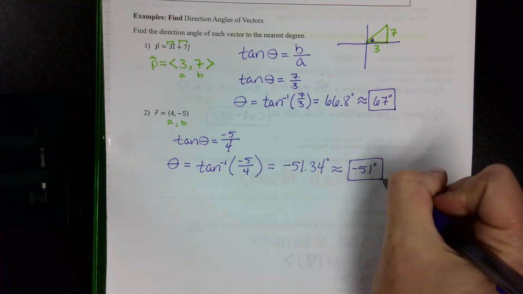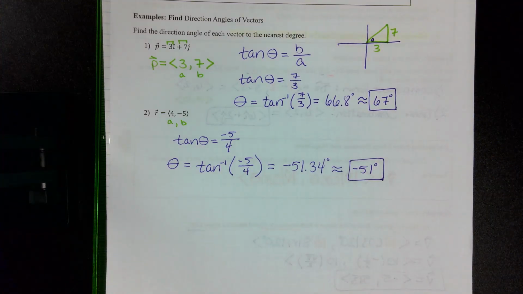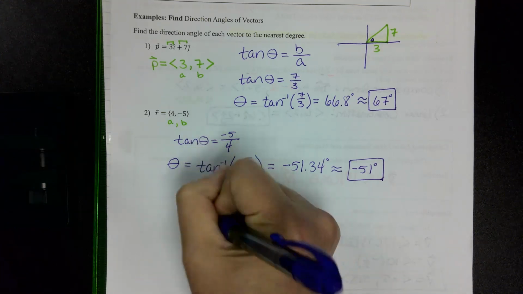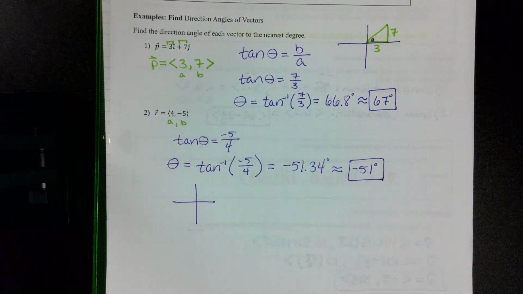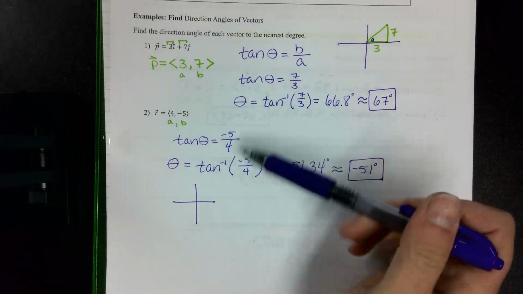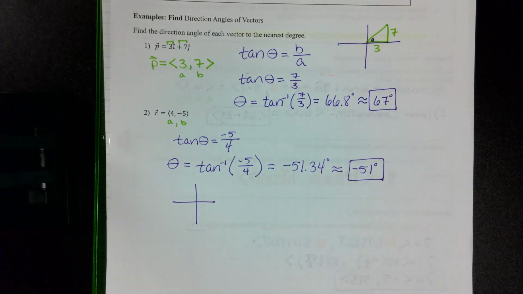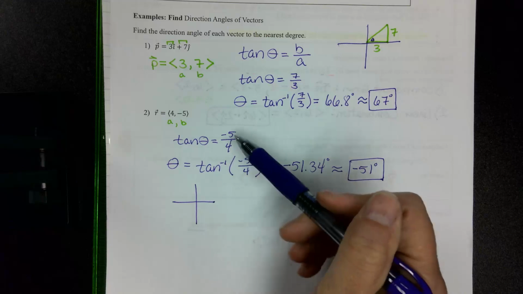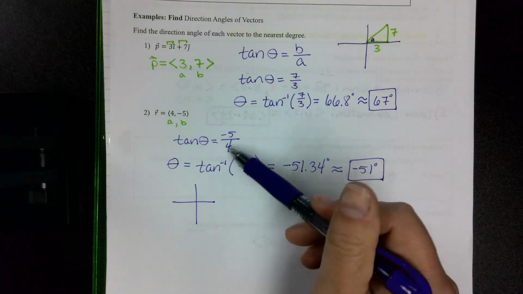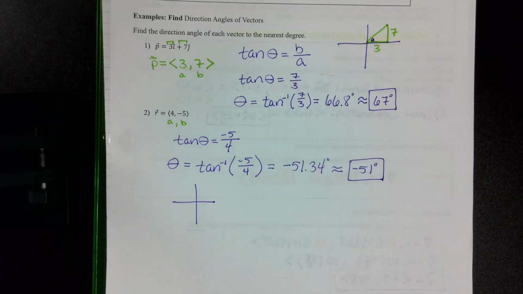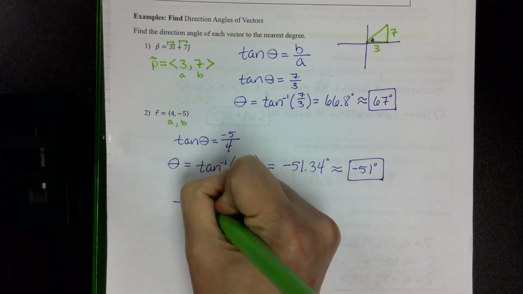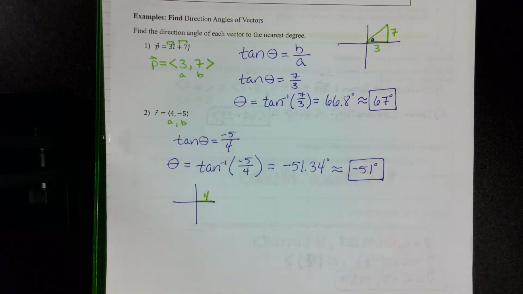That might seem strange. So just to be sure, I'm going to sketch it and see if this makes sense. So here we go, sketching it. My B value, my rise over my run, or sine over cosine, however you want to think about it, is -5, and my A, or my x, however you want to think about that, is right here, and that's 4. 4 to the right, positive x-axis.